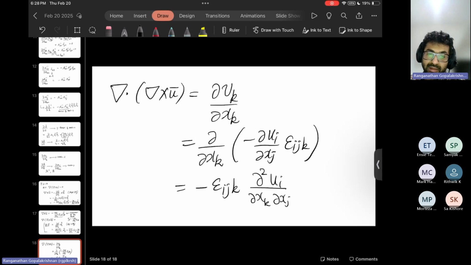How do we prove that this is equal to 0?